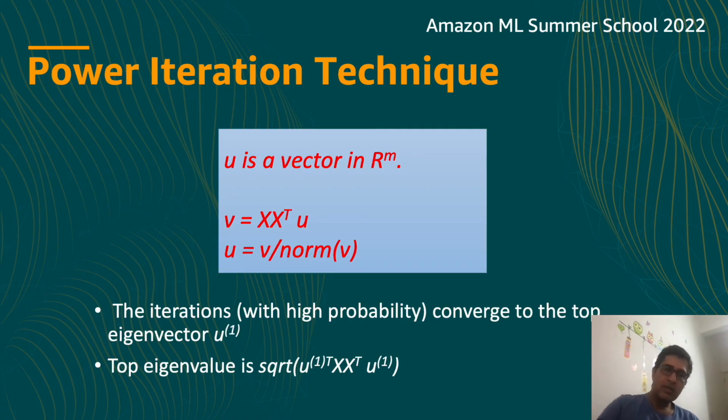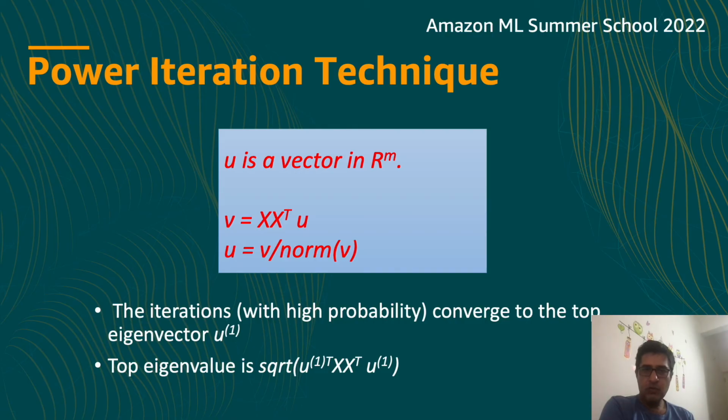Okay, so the power iteration technique goes through eigenvalues one after another. In step one, it tries to identify the top eigenvalue, and then based on the top eigenvalue, it identifies the next one, and so on.